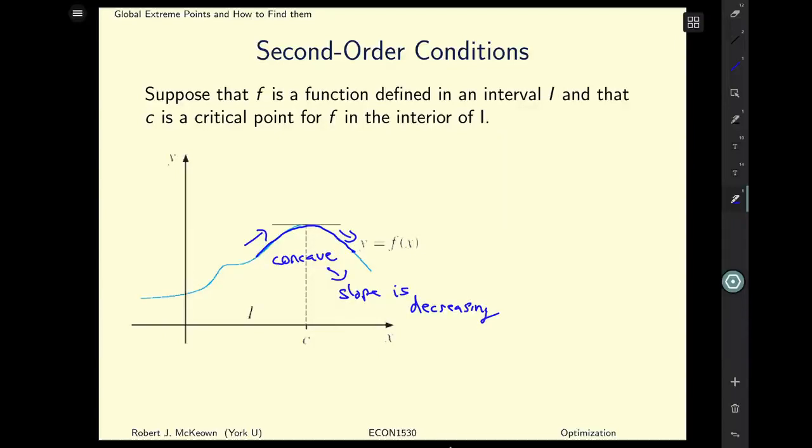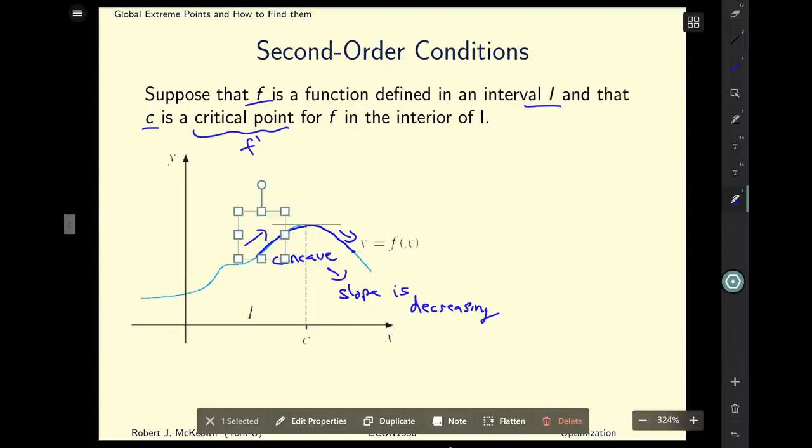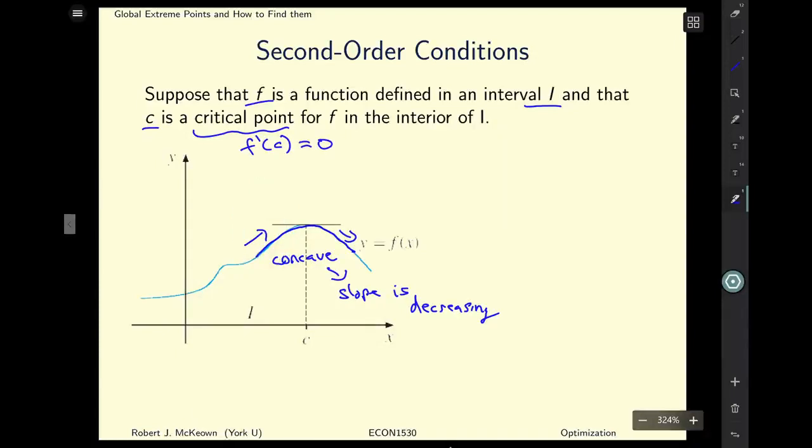How do we write this? Well, if we've got a function defined on an interval, the function is f. Here we've got c is the critical point for f. What is a critical point? That's where f prime of c is equal to 0. The slope is 0. That's why we've got this horizontal line, that represents the tangent line.